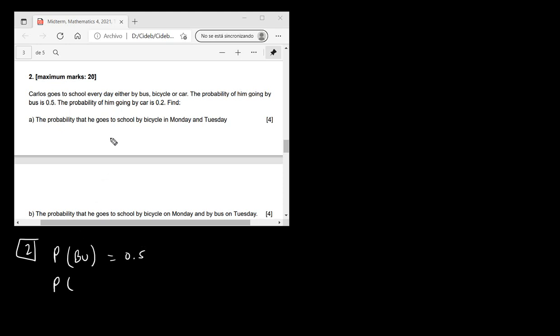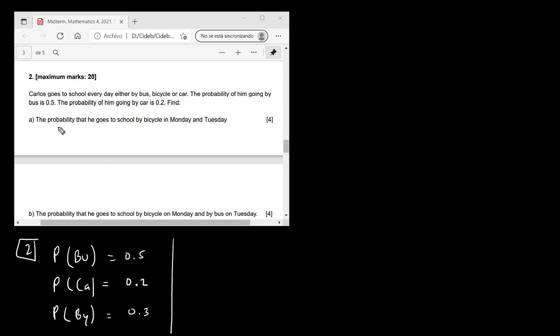The probability of going by car is 0.2, and that leaves the only conclusion that the probability of going by bicycle is 0.3, right? So the sum of these three probabilities should add up to 1. And yes, that's the first thing you can do.